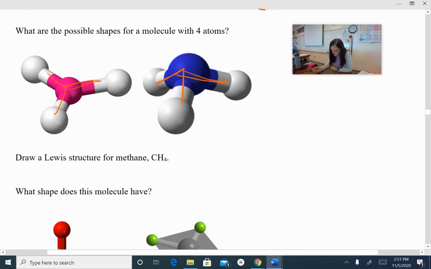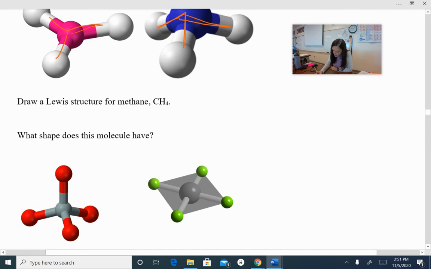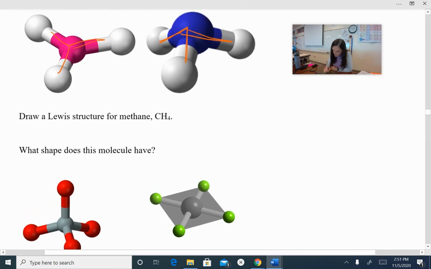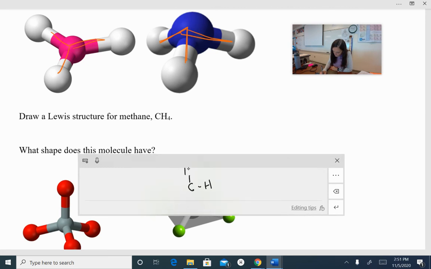If we put single bonds to each of the hydrogens, we're going to use up all 8 of our electrons. I wish this would let me draw. Okay, so that will give me all 8 of the electrons.